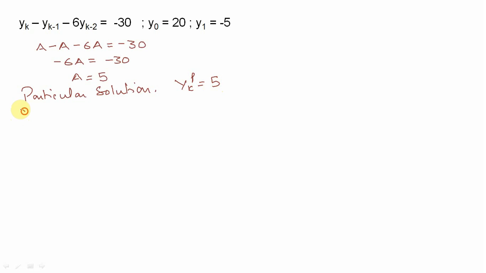Now the general solution. Remember what the homogeneous solution was? The homogeneous solution was b1 times 3 to the power k plus b2 times minus 2 to the power k. This was yk homogeneous, and this is the particular solution.